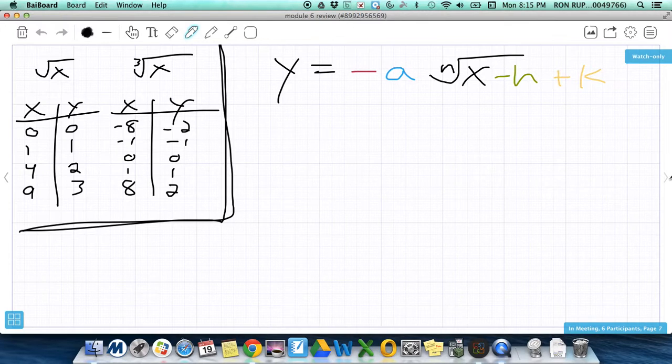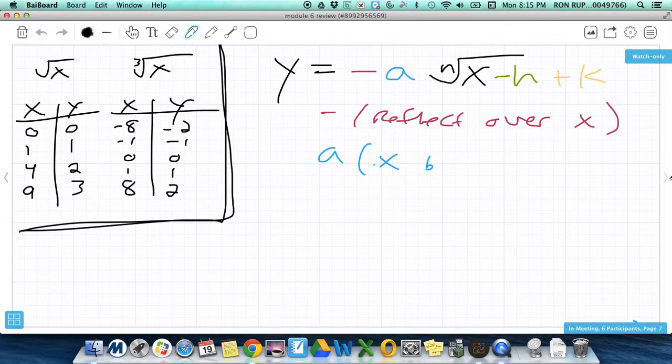And your general rules are that the negative symbol reflects over x. The a value, you're going to multiply it by your y values, because that stretches or shrinks your graph.